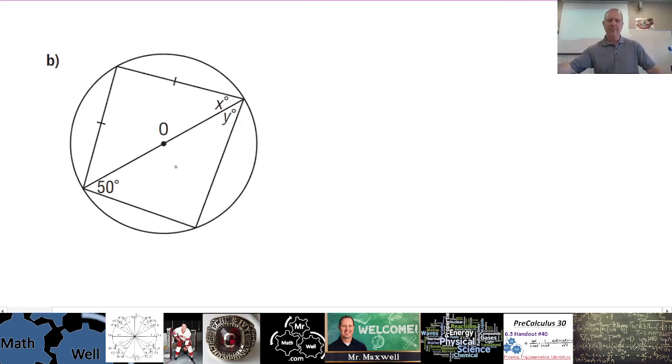11b now. O is the center. I clearly have a diameter here, don't I? What does that tell me about any of the other parts of this diagram? Anyone guess? Are they all equal?